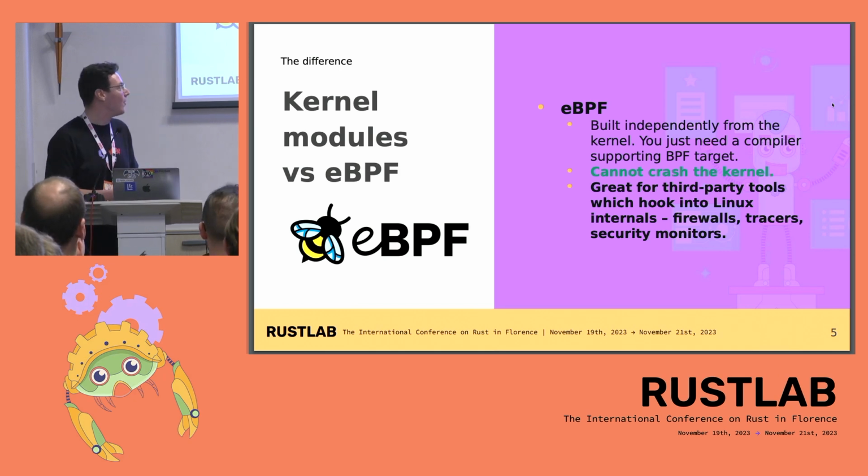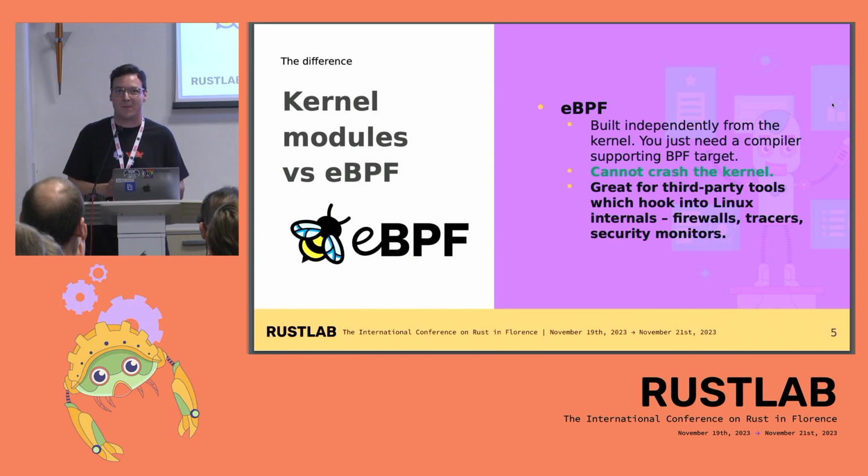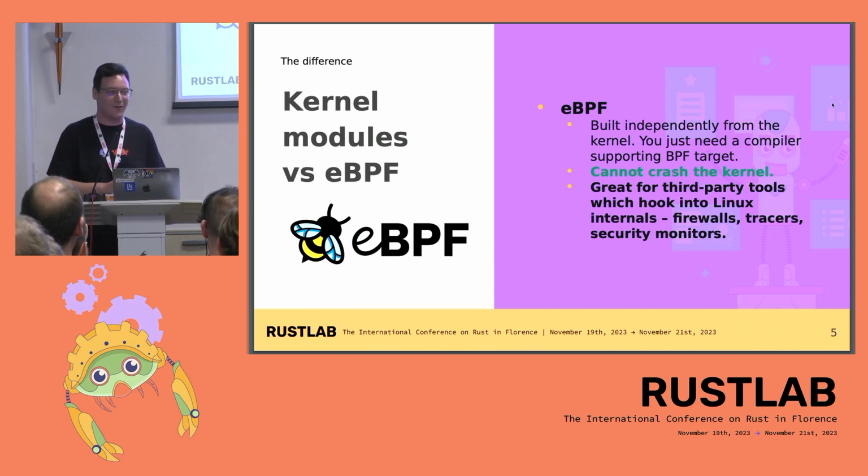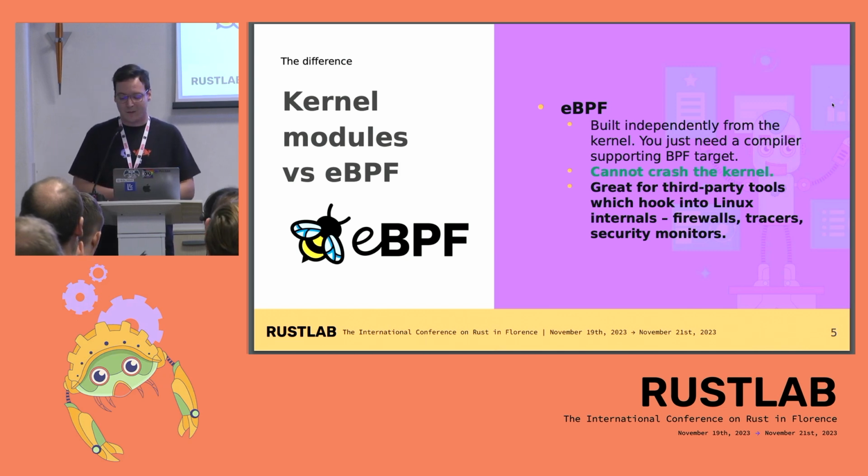The great thing about eBPF is that it cannot crash the kernel unless there is something wrong in the BPF mechanism itself. But in theory, and most of the time in practice, your BPF program is not able to crash the kernel. Even if you write bad code there, it's going to affect only your logic, but it's not going to shut the whole system down.